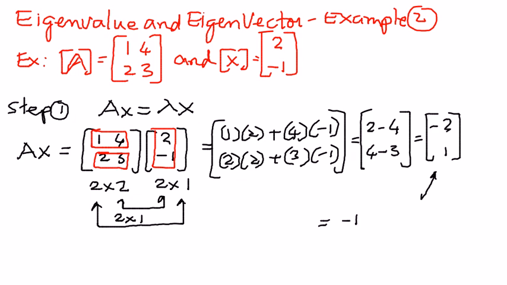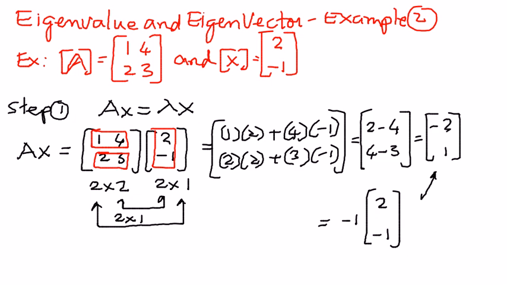I'm going to pull out -1 as common, and then we're going to write whatever is left inside this matrix here, and that is going to be, if I pull out -1 from -2, I'm left with 2, and if I pull out -1 from 1, I have -1.